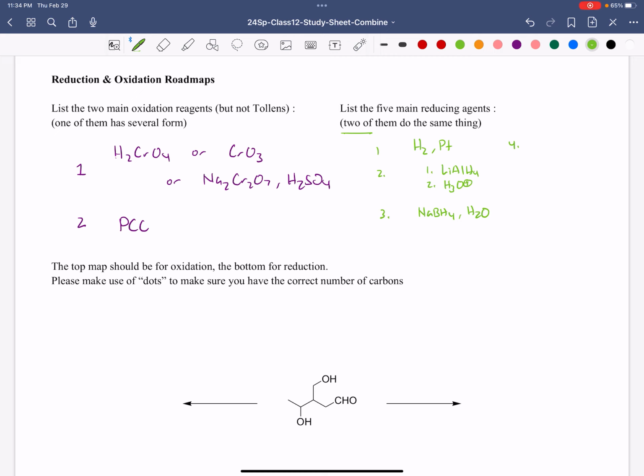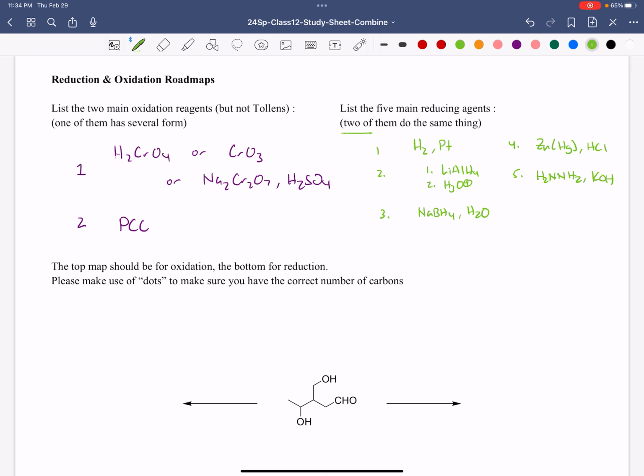Four is Clemmensen. Clemmensen is zinc mercury amalgam with HCl. And it does the same thing as number five, which is Wolff-Kishner, H2N-NH2, that's hydrazine with KOH.